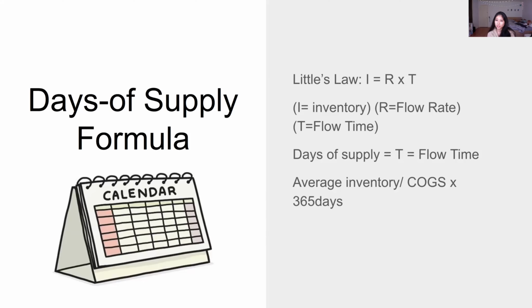We've mentioned this before in class, but this is really important and can be applied to a lot of different things. It's important to note that the days of supply is equal to T, T being the flow time. And it's also important to note that the average inventory divided by the cost of goods sold times 365 days can also be used in this situation.